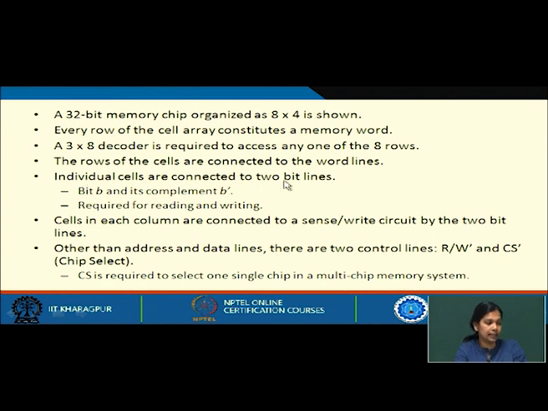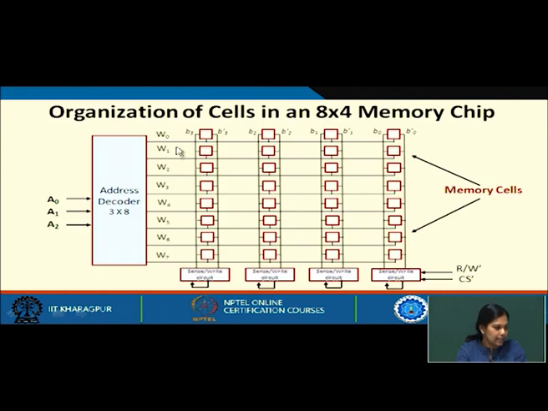Individual cells are connected to 2 bit lines, one is B, another is its complement, and it is required for reading and writing. Cells in each column are connected to the sense/write circuitry. So, this is one column, this is the next column, the third column and the fourth column.